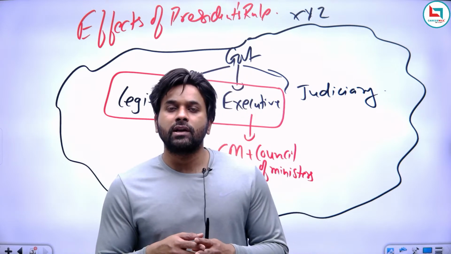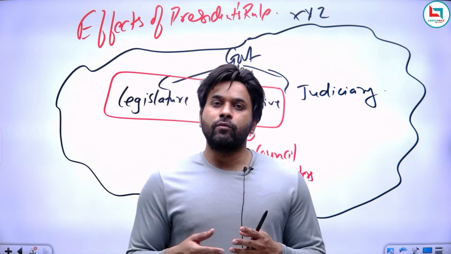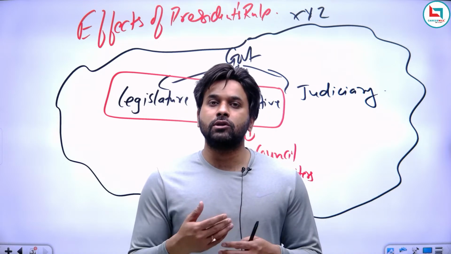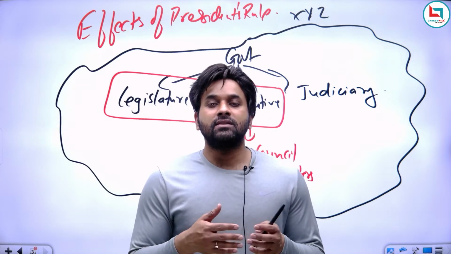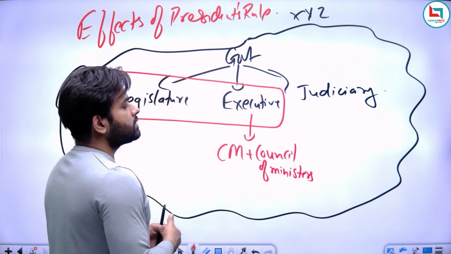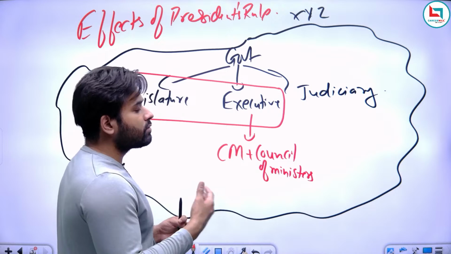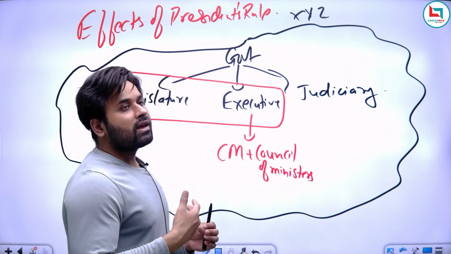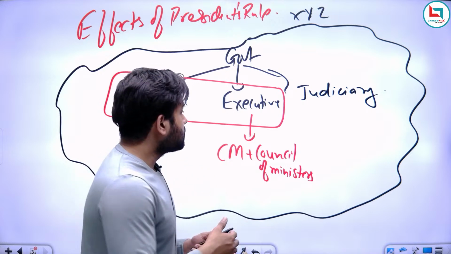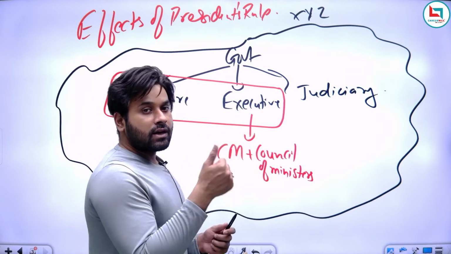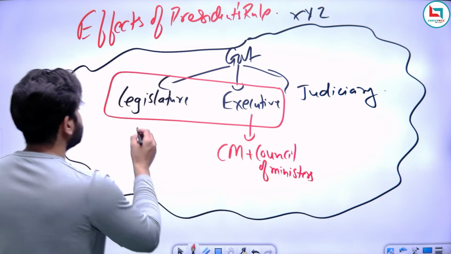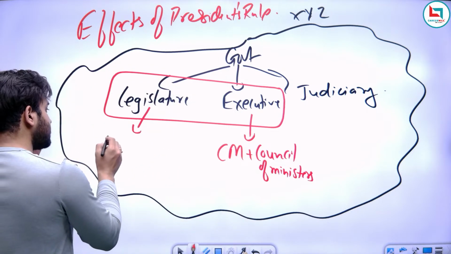They are the permanent bureaucracy, permanent in nature. They are not removed after every 5 years. Permanent executives are usually the officers, whereas the temporary executives are ministers. So the chief minister and council of ministers are the temporary executive because after every 5 years they need to establish a majority in order to continue for another 5 years. So in the executive, we have the chief minister and council of ministers, and in the legislature we have the state legislative assembly.